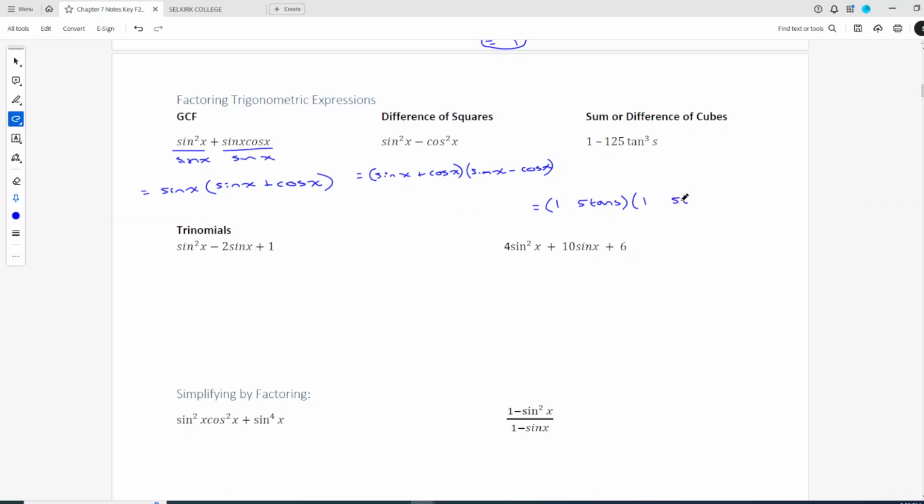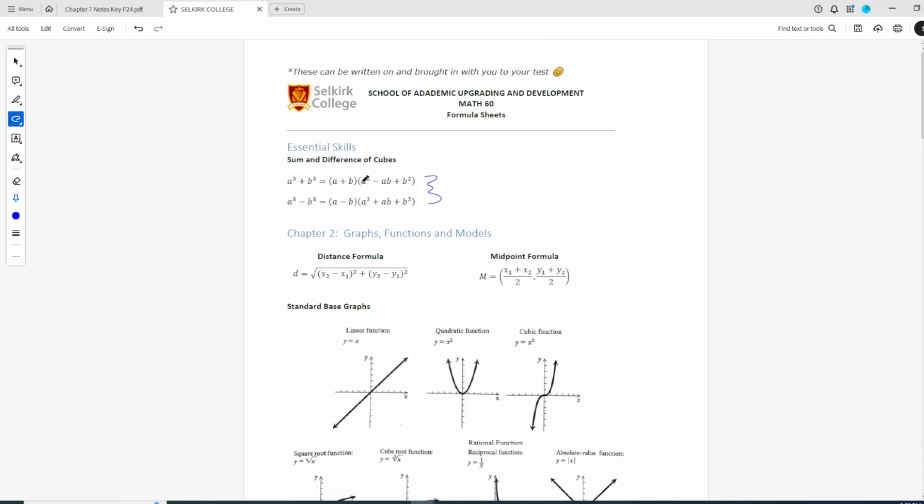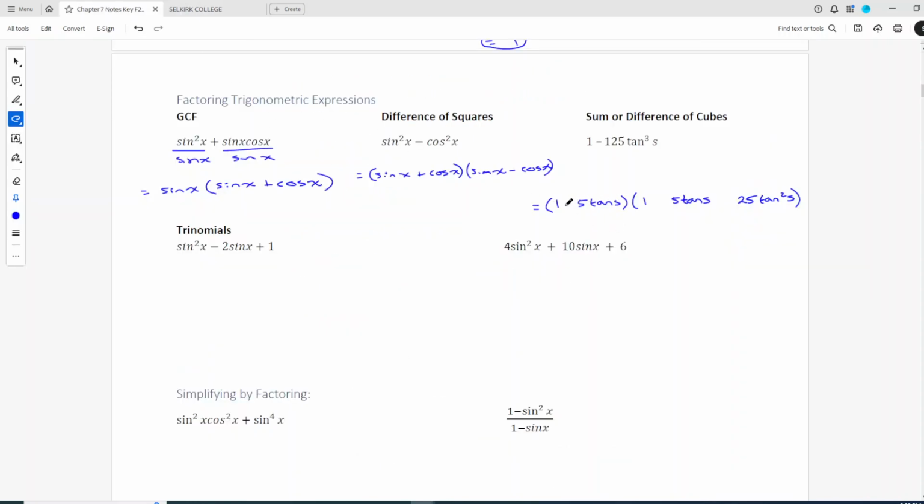So I get 5 tan x, and then I square my last term. So 5 squared is 25, and tan x all squared would be tan squared x. Then for my signs, again, this is a difference, so I could go minus plus plus, or you think SOAP. Same sign, opposite sign, always positive sign.